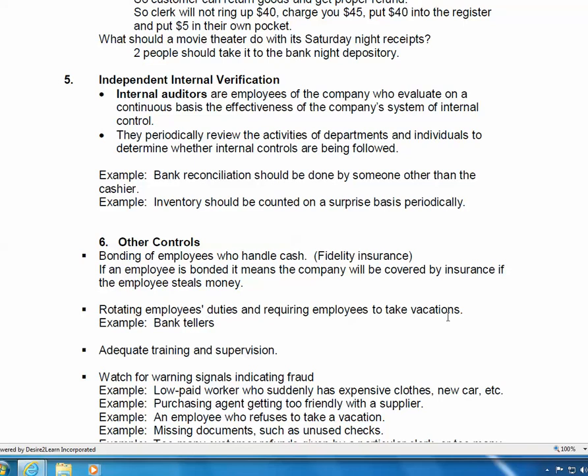Requiring employees to take vacations. You might think, well, why would they need to force me to take a vacation? But believe it or not, there are people that maybe have been in their position for a long time and they really don't want to take a vacation. I remember reading several situations of this nature related to bankers. I remember one in particular, a bank in Saginaw, where the teller had been forced to take a vacation.